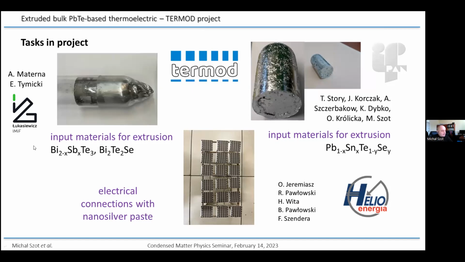The colleagues from Institute of Microelectronics prepared input materials based on bismuth telluride and bismuth selenide compounds. The Helioenergia task was designing of electrical connections with nano-silver paste and with use, instead of ceramic substrate, which is very expensive, of anodized aluminum.